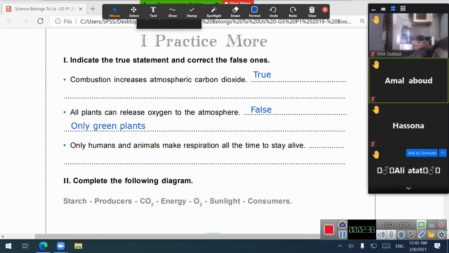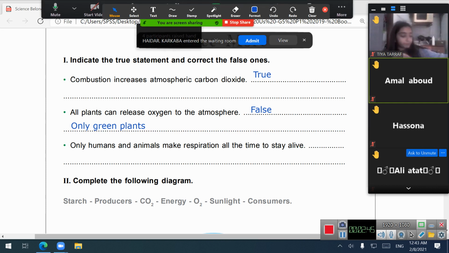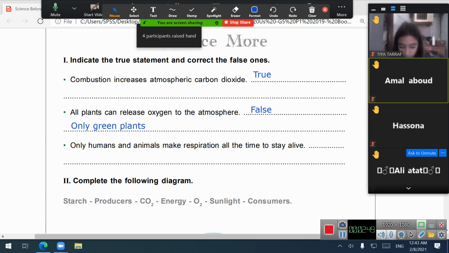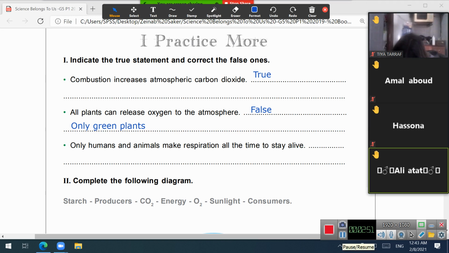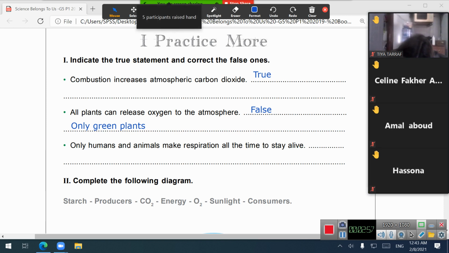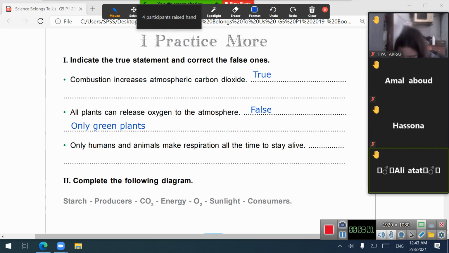Now, Ali Al-Afat, please. Only humans and animals make respiration all the time to stay alive. Only humans and animals. False.